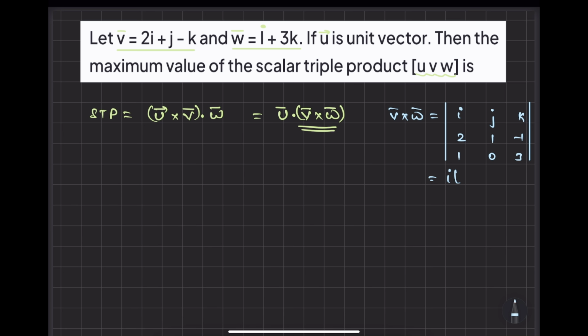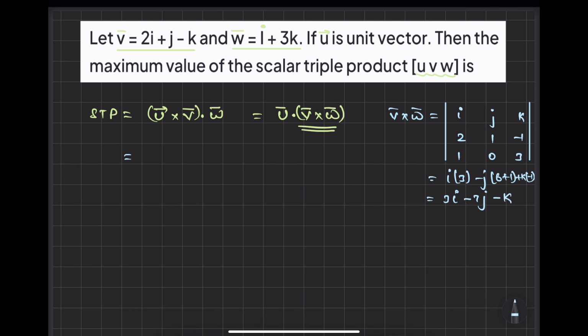So i equals 3 minus 0, then j, so it is 6 plus 1, then k is minus 1. Now I can write down 3i minus 7j minus k. So we got our v cross w.